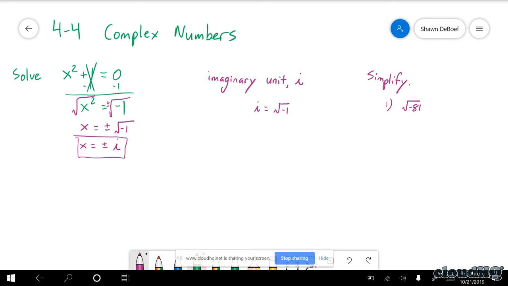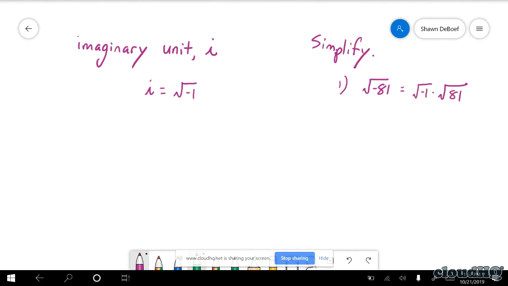I really want to separate the negative away from the 81. So when we see a problem like this, break it apart, break it into pieces. So we've got the square root of -1 times the square root of 81. We can break it into two parts.